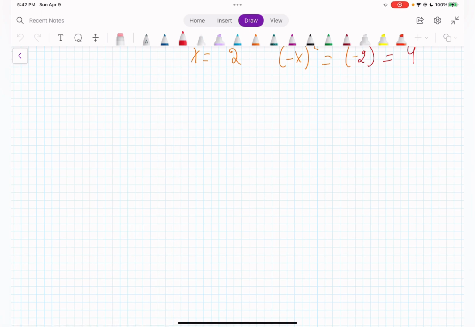So we have the limit as x approaches 2 of x squared plus 2x minus 8 over x squared minus 4x plus 4. Let's see what we are going to do here.